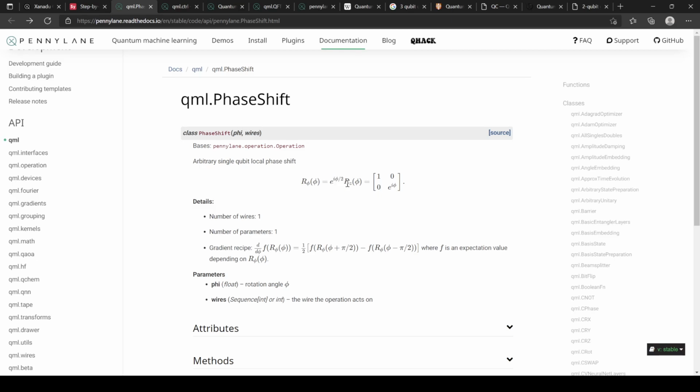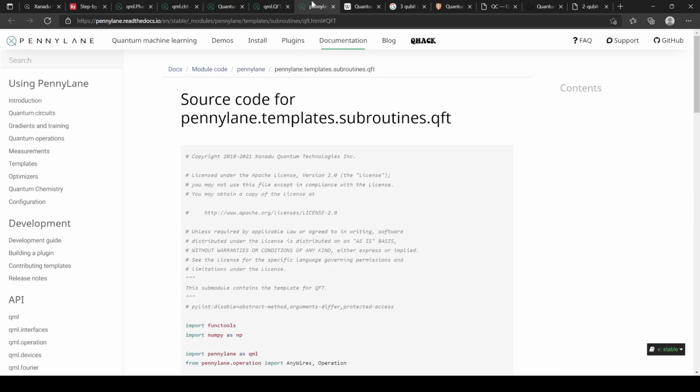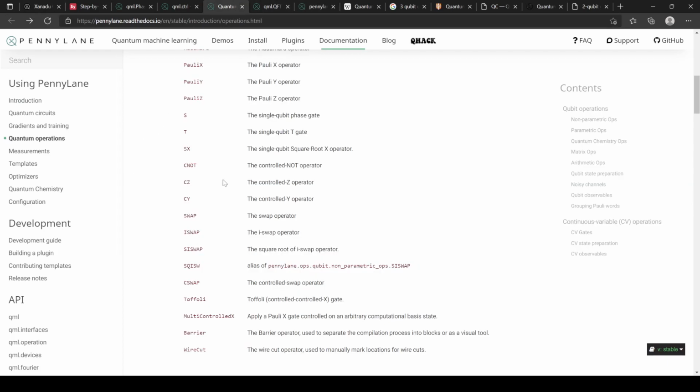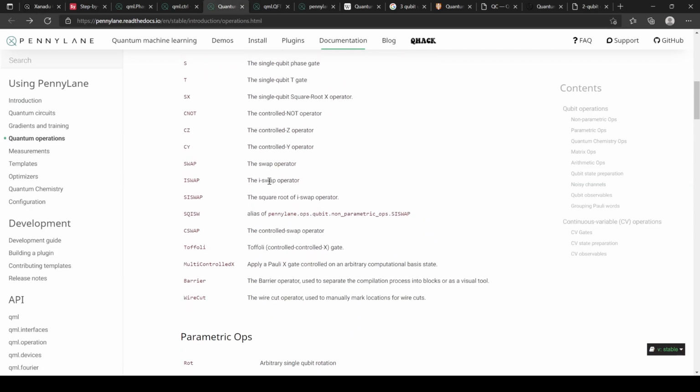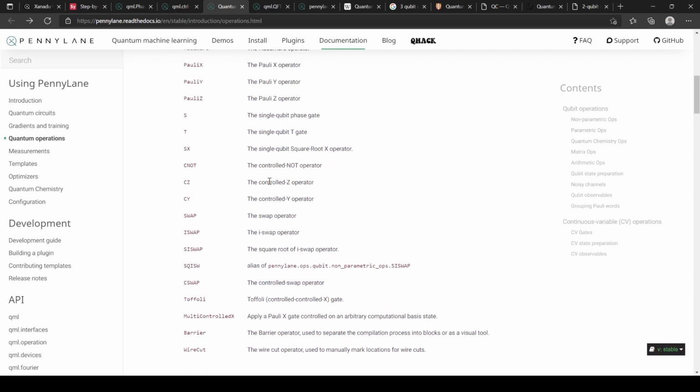Because if you do a controlled rotation of RZ, it won't work, because the RZ gate and the phase shift gate are identical up to a global phase, which doesn't matter in the single qubit case, but definitely matters in the controlled case. So I wonder, and I'm going to go check and see if there's a CP, a controlled phase gate.